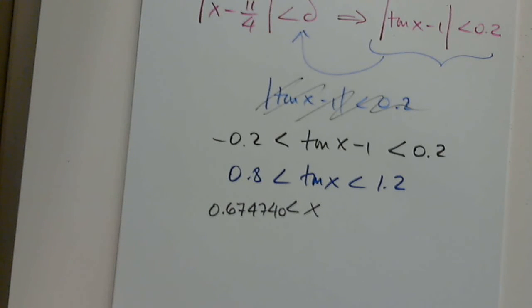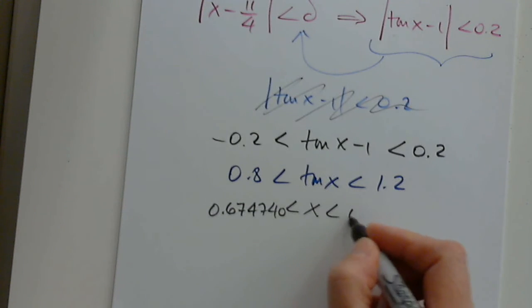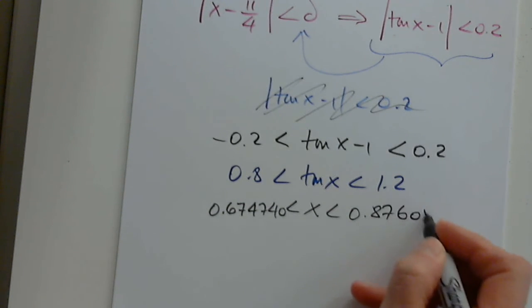Okay, 5. I want that to be the first curve. Yes, I want that to be the second curve. Thank you. Okay, so now it's giving me that other point of intersection. So I'm going to say x is less than 0.876058.